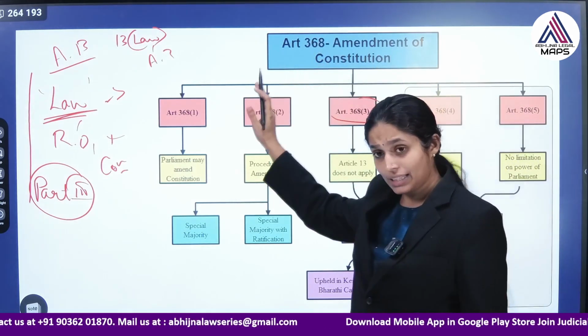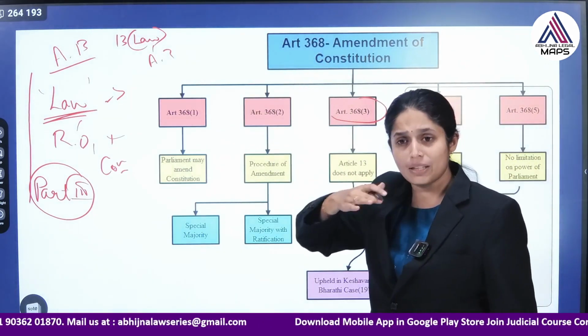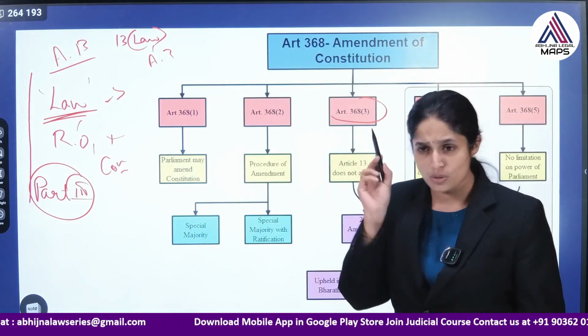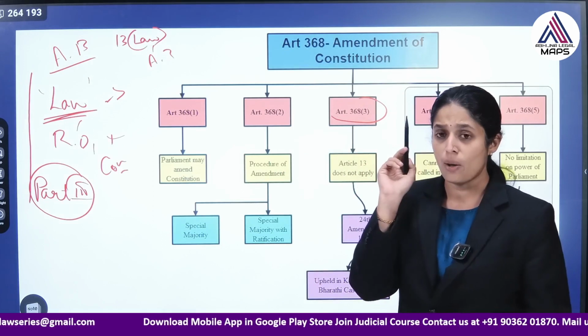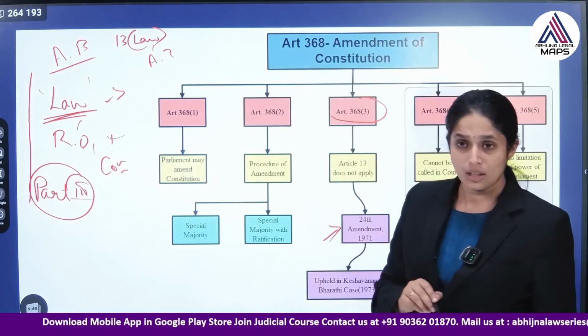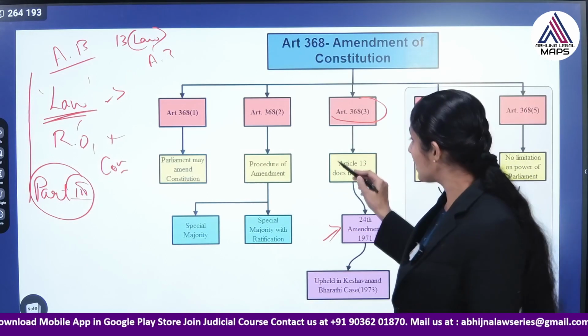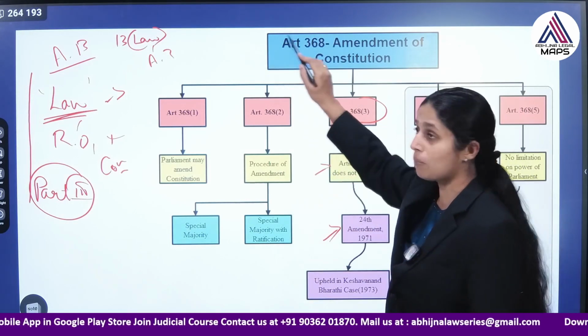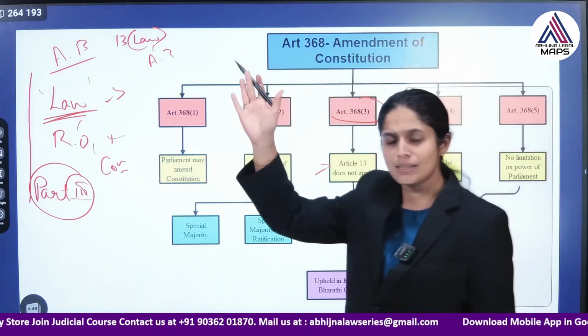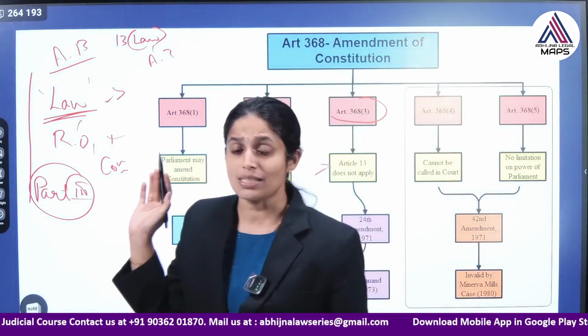When the Golaknath case overruled all the previous decisions and held that constitutional amendment also falls within the definition of law, the 24th Amendment was introduced, and it said that Article 13 does not apply to Article 368. It was clearly mentioned that Article 13 is a separate thing and Article 368 is a separate thing.